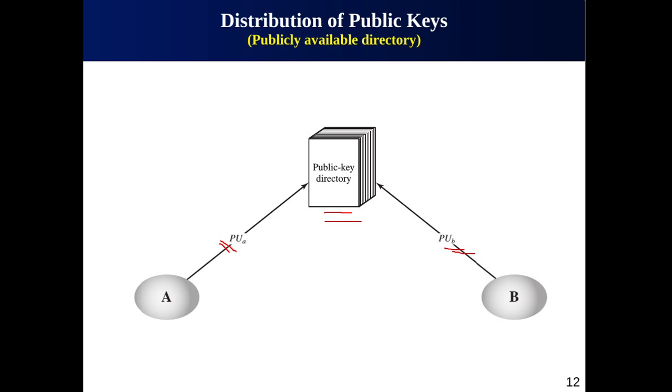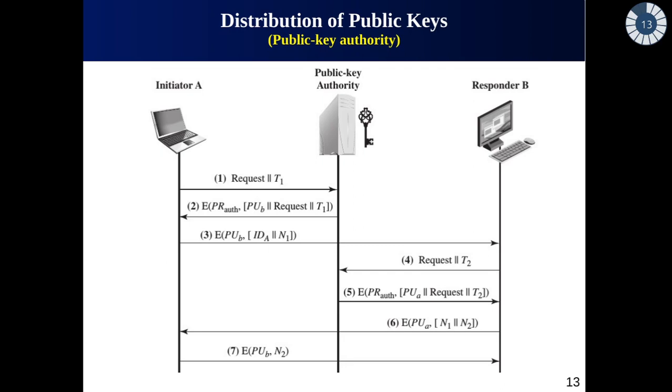Another requirement is that a participant could also access the directory not only in person but electronically as well, through the internet. For this purpose, secure authenticated communication from the authority to the participant is mandatory. So these are some requirements for a publicly available directory. Our third approach is a more secure, more sophisticated one.